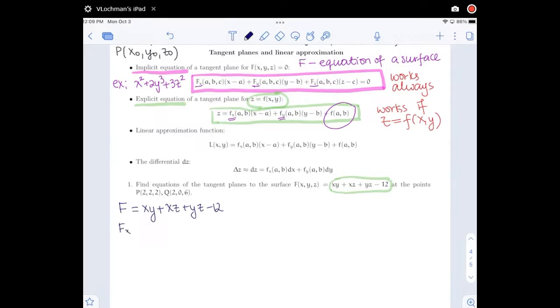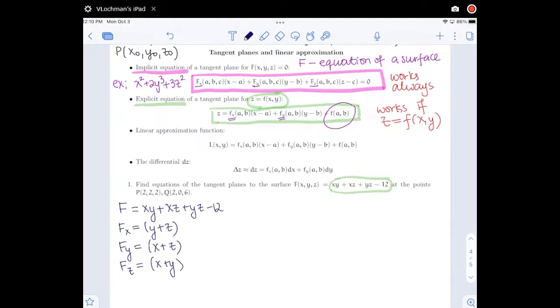F with respect to x, what would that be? That is y plus z. F with respect to y is x plus z. And F with respect to z would be x plus y. So these are my partial derivatives.